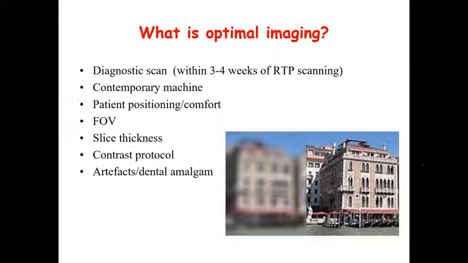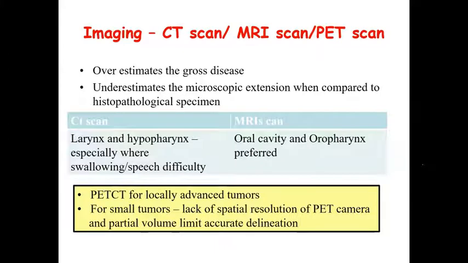And then you should have adopted optimal protocols or templates for field of view, slice thickness, and contrast protocol. As far as can be helped, there should be no artifacts. Artifacts arise oftentimes from dental amalgams and material, and that leads to degradation of the quality of the image, and thereby eventually the loss of information.